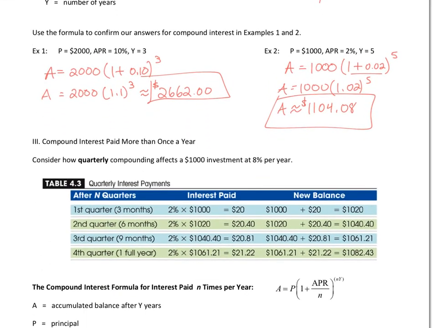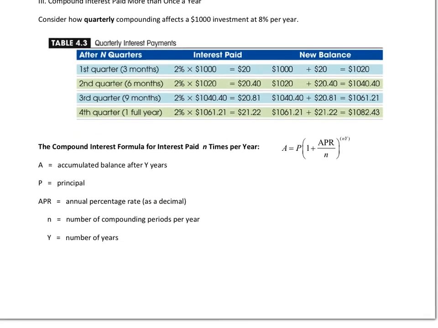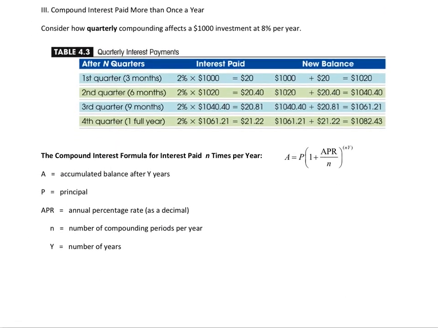So it turns out that we have a very similar but slightly different formula: the compound interest formula for interest paid n times per year. Normally the most common one would be monthly.